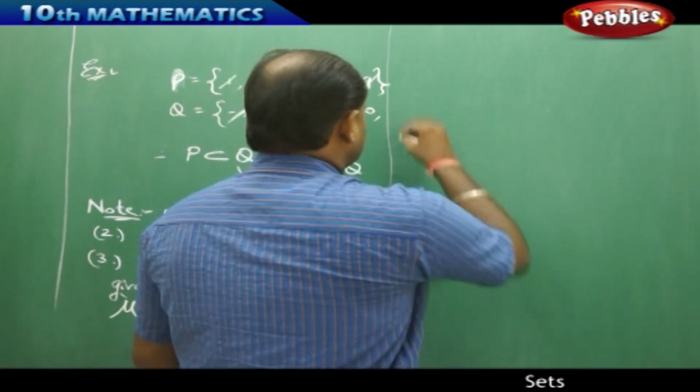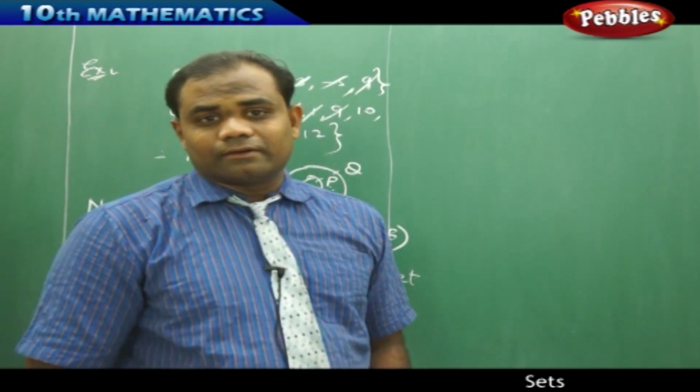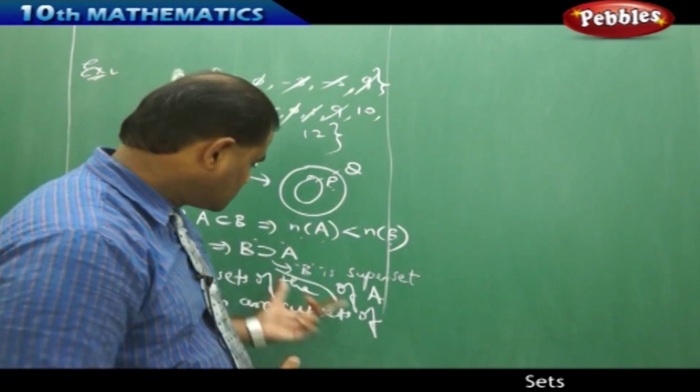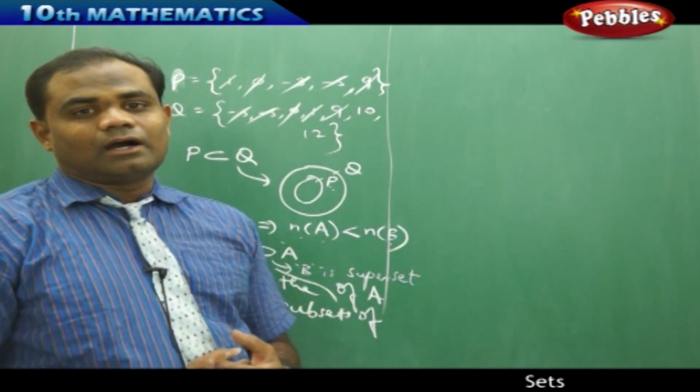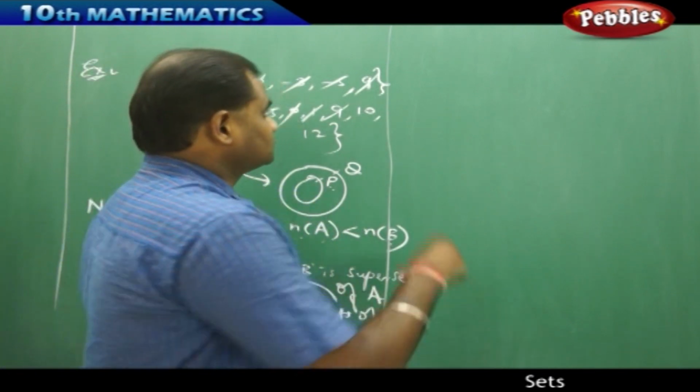Next, coming to equal sets, which are usually derived from the subsets. Now that we have discussed the subsets, let's see how two sets are equal.